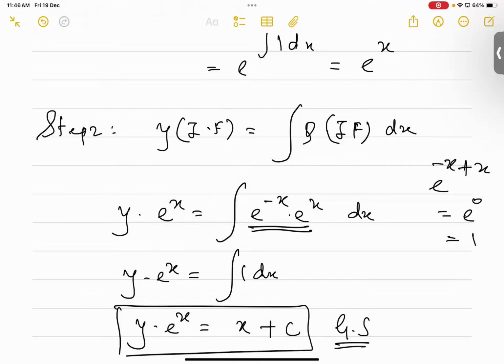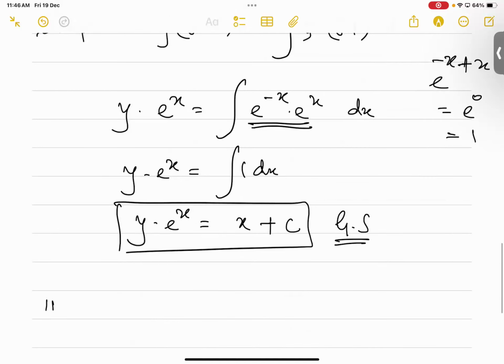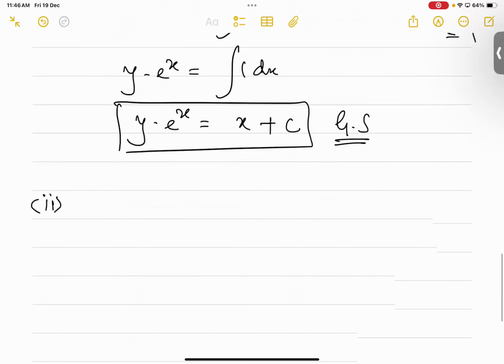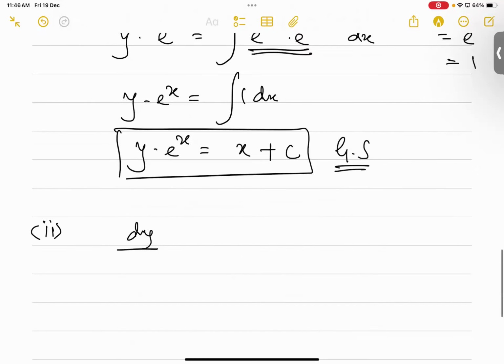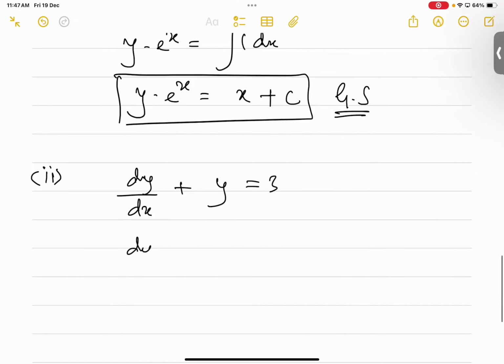Sub question 2. If any doubts are there, you may please ask on this. dy by dx plus y is equal to 3. So dy by dx plus 1y is equal to 3.